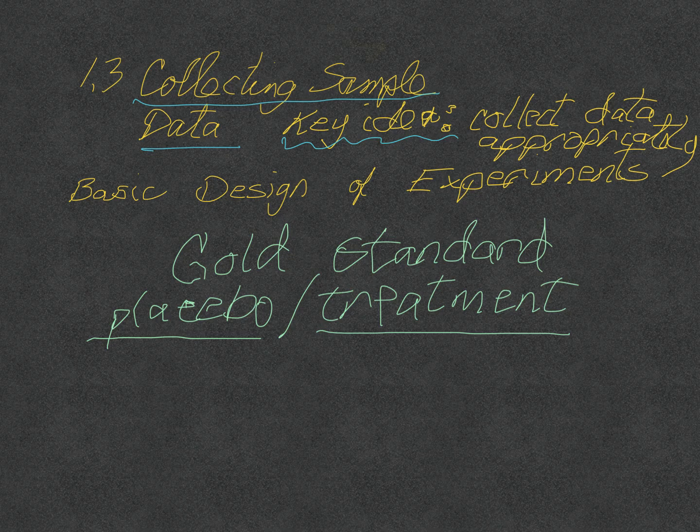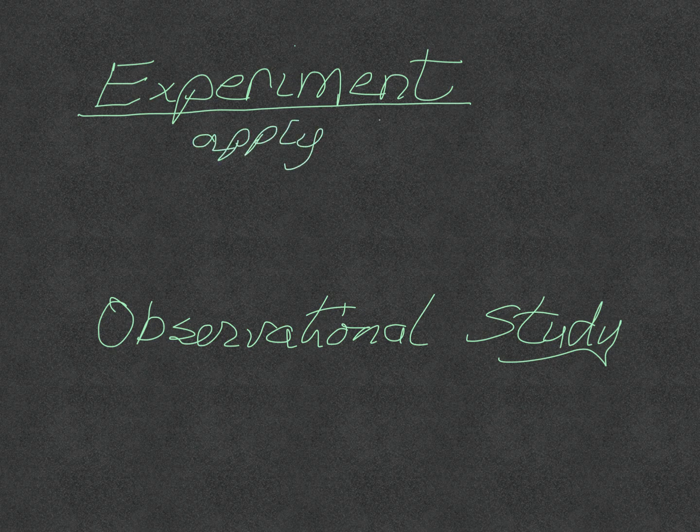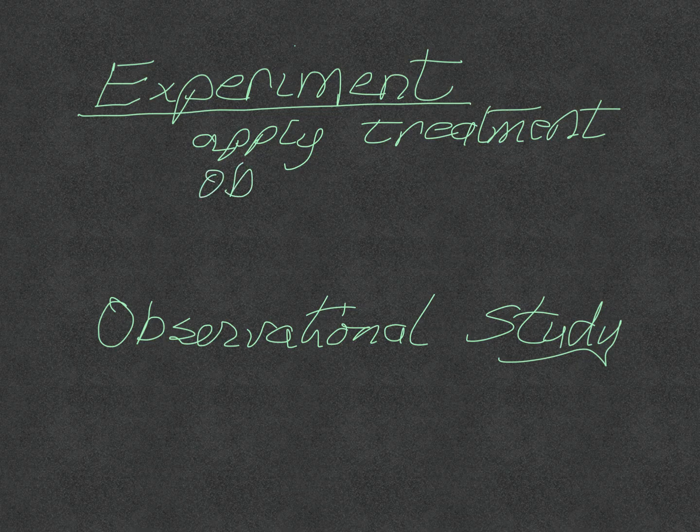And so we'll talk about some of those things in a moment. So in general, an experiment is where you apply some treatment and then observe results. Okay? That's what an experiment is.